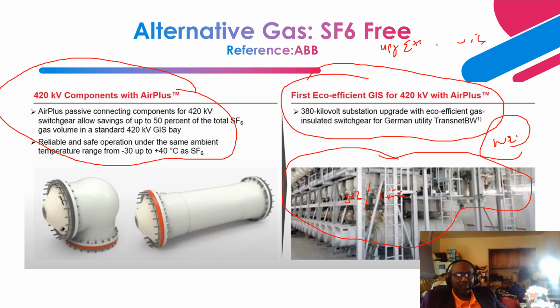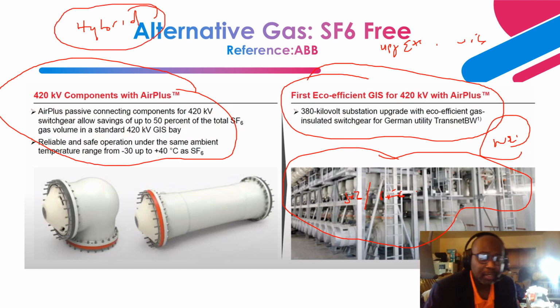Then they also have something they call a hybrid, right? Another product that is out there is a hybrid. For the hybrid, only the interrupting chamber of the GIS is utilizing SF6, so you have a high reduction in SF6, about a 7% SF6 use.